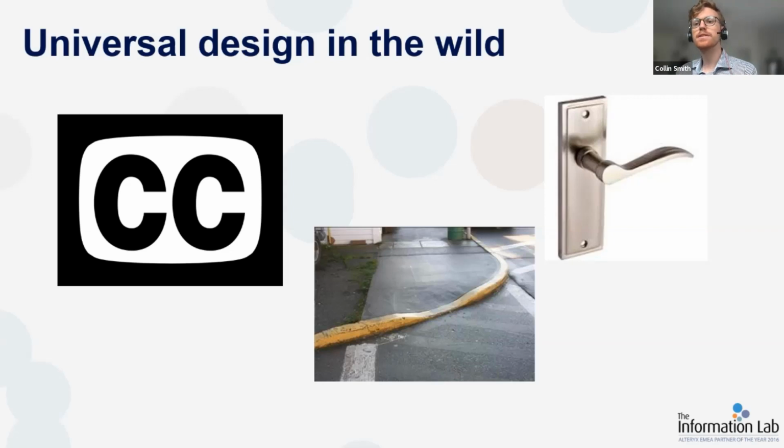But this is universal design because it helps all sorts of people. So you can imagine if you're pushing a baby stroller, it helps. If you're loaded down with a bunch of groceries, it might help. And that's sort of the fundamental principle of universal design: even though we might design it for a particular accessibility need, oftentimes it winds up helping a much larger slice of the population.